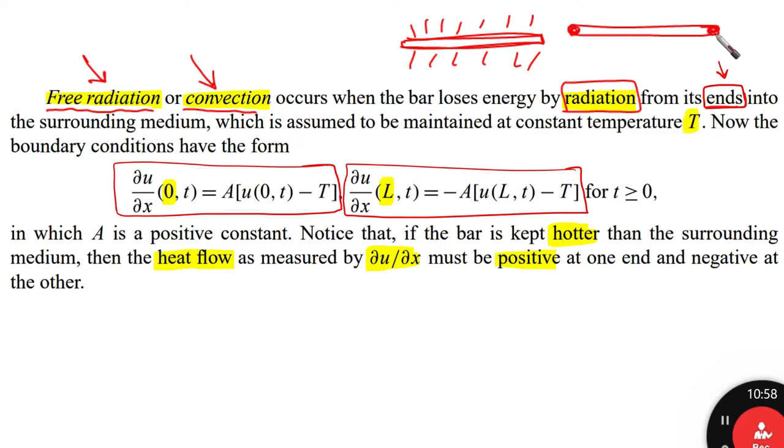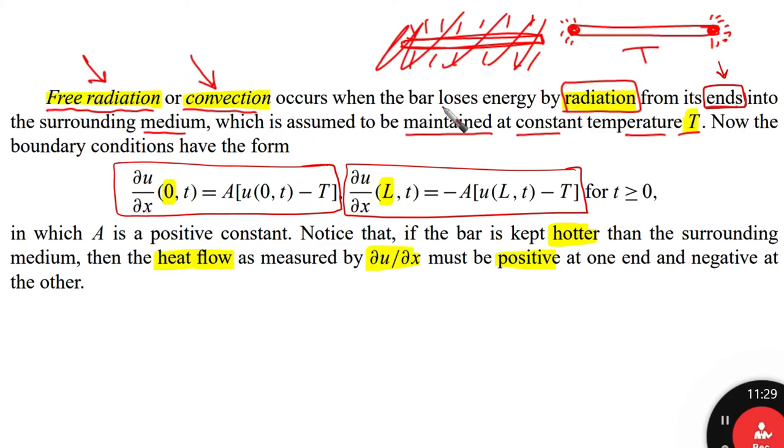The end itself may be radiating into the surrounding medium, which is assumed to be maintained at a constant temperature T. The medium outside is going to be T always. Now the boundary condition is going to have this form.